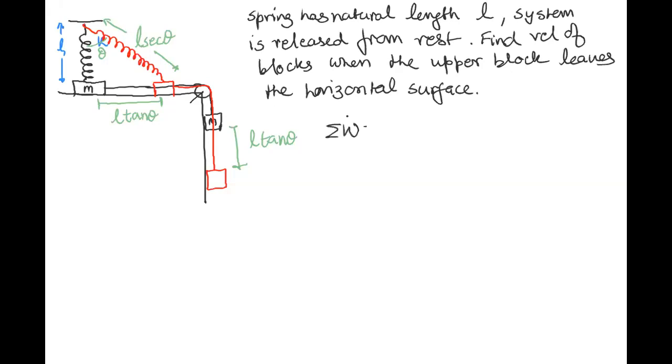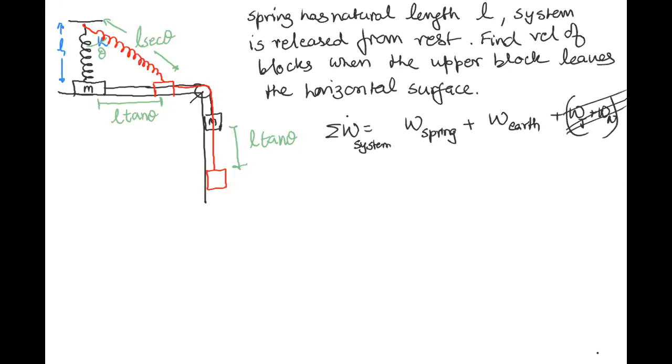Summation of work done on the system will be equal to work done by the spring on the first block plus work done by the earth on the second block plus work done by tension and work done by normal reaction. I don't like to write this because we know that this is going to be zero.